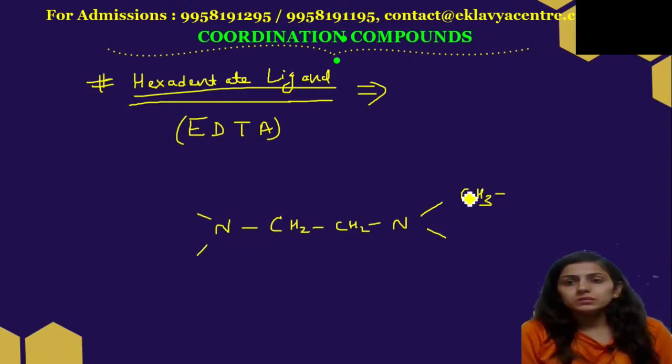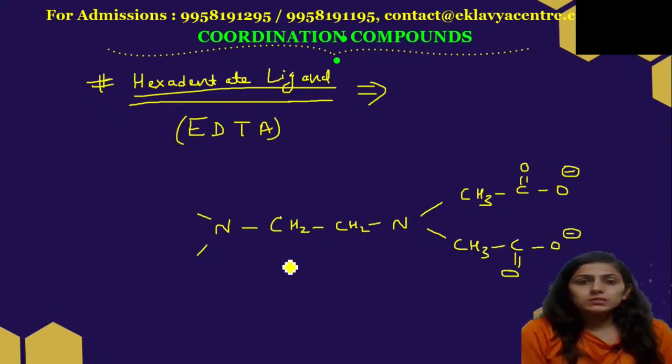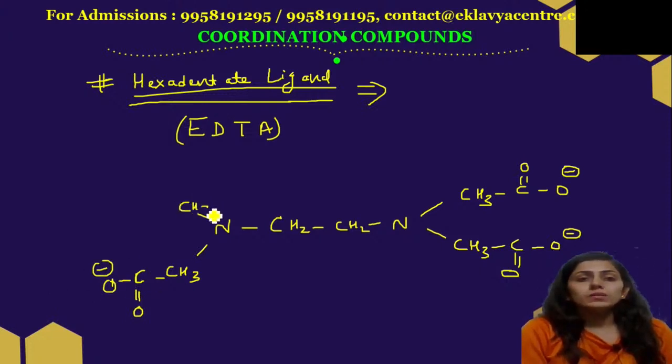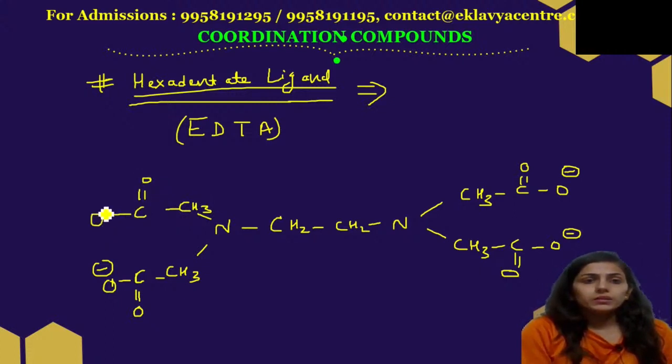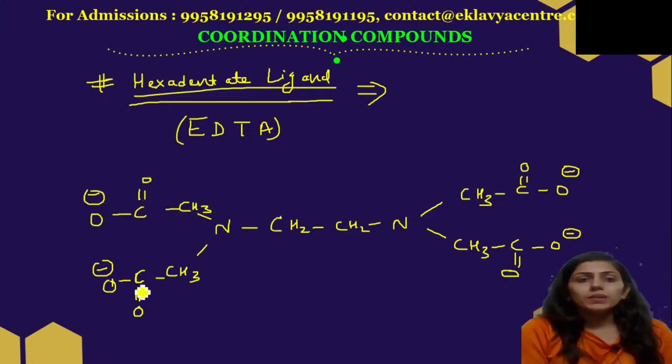CH2COO minus, CH2COO minus, CH2COO minus, and CH2COO minus. Hexadentate, yes, 4 oxygen donor groups and 2 nitrogen donor groups.